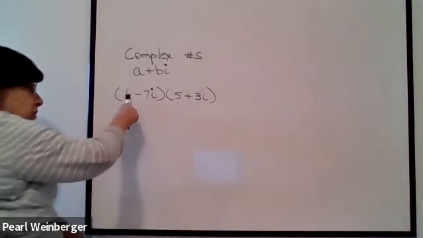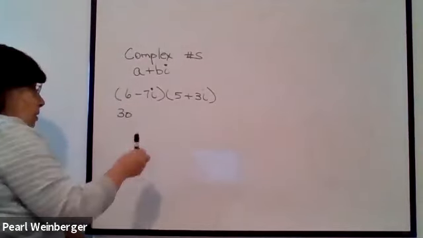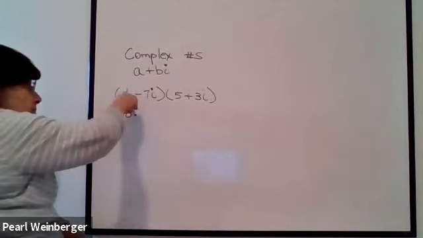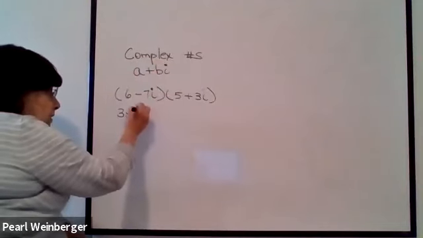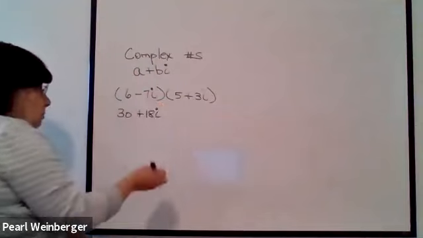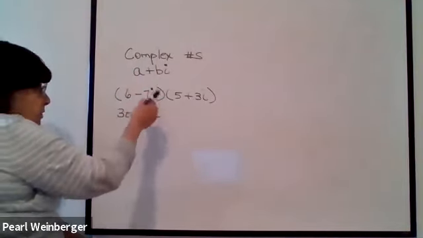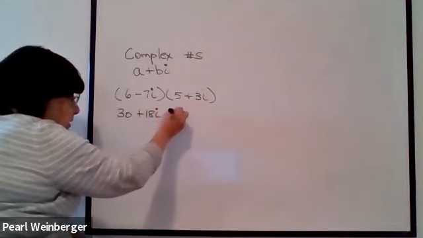First, 6 times 5 is 30. Outer, 6 times 3i, that's positive 18i. Inner, negative 7i times 5, that's minus 35i.